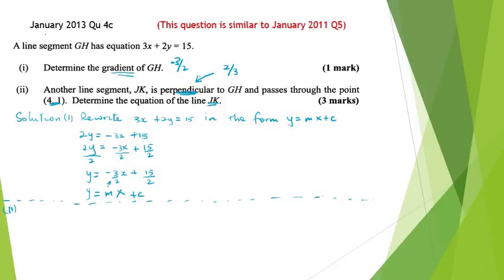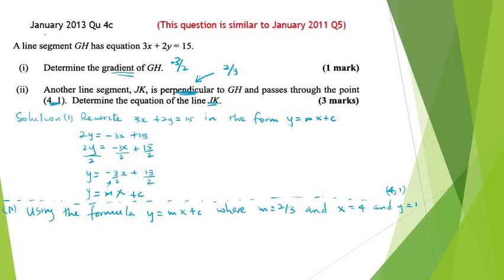Using the formula y is equal to mx plus c, where m is equal to 2/3, x is equal to 4 and y is equal to 1. I got this from the point (4, 1).